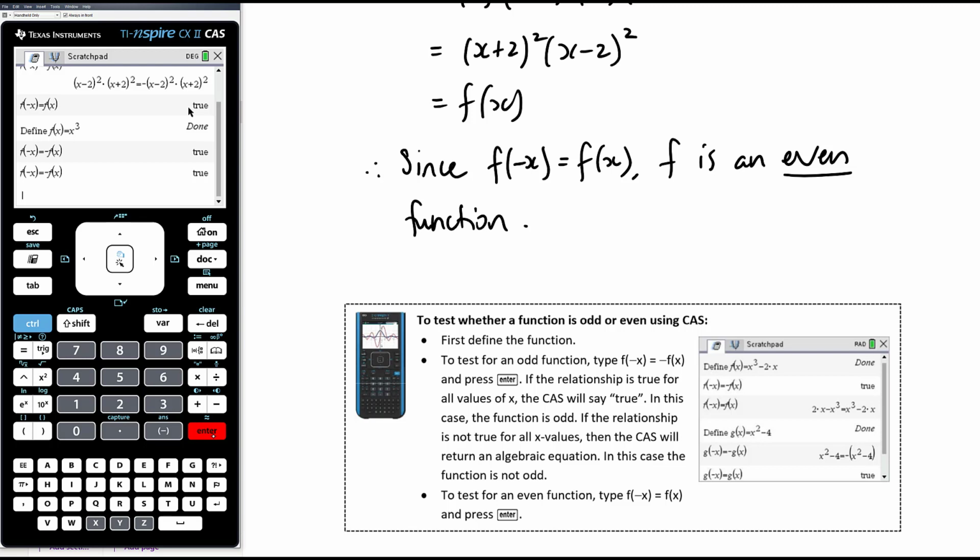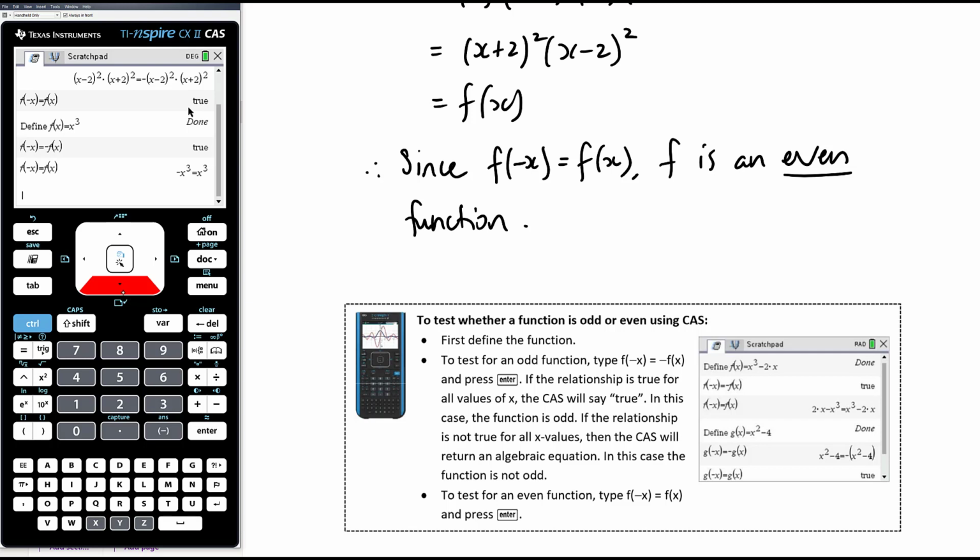Sorry, if I was trying to test whether it was an even function, it would just give me a relationship. No, this isn't always true, but it is true for whichever x values make that equation true, which would be 0.